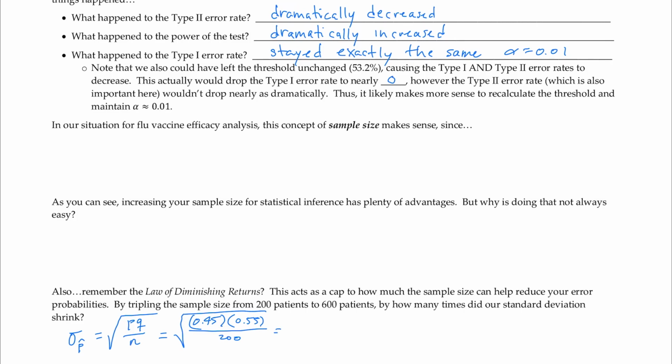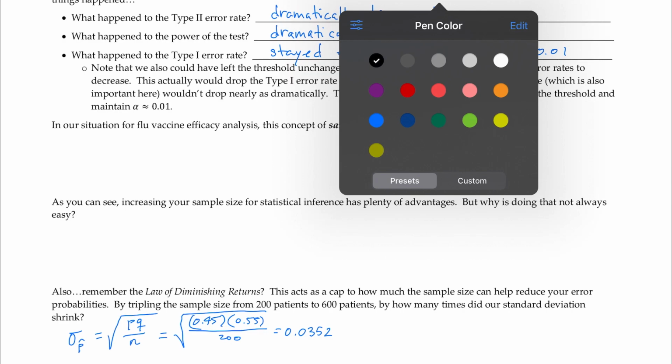What's that number going to be? We get a standard deviation of 0.0352, we'll call it. All right, so that's 200 people.